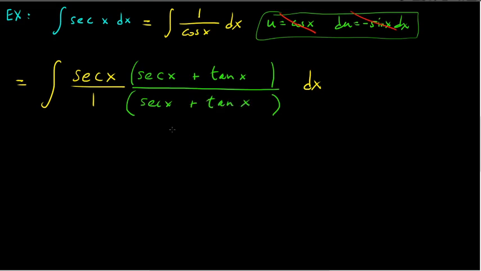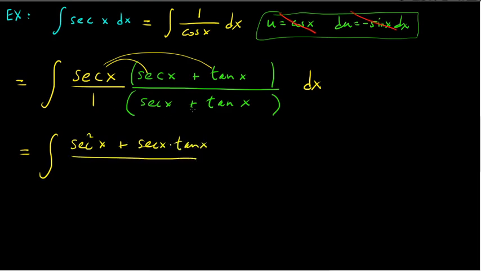Really? So where does that come from, right? How is that possibly going to help here? So let's multiply out. In the numerator, we get secant squared of x plus secant of x times tangent of x, all divided by, well, this is 1 times secant plus tangent.